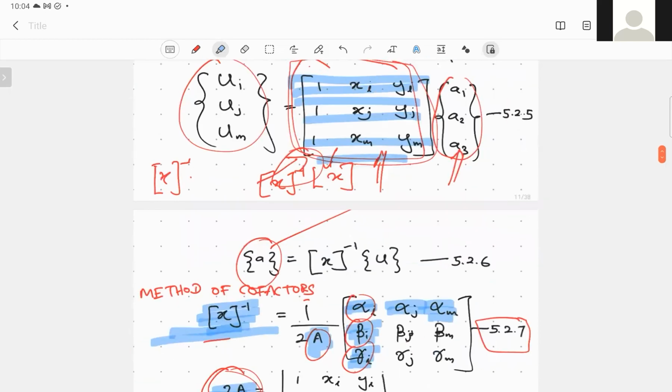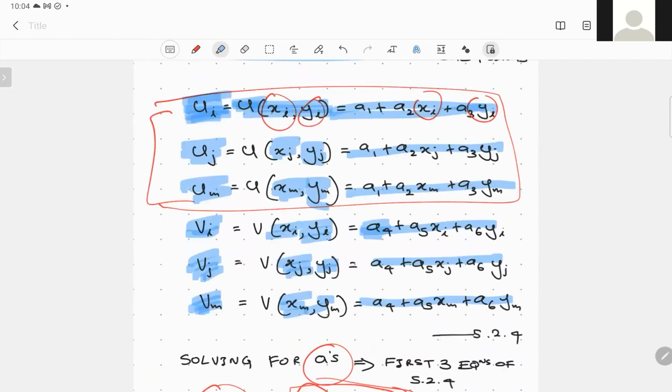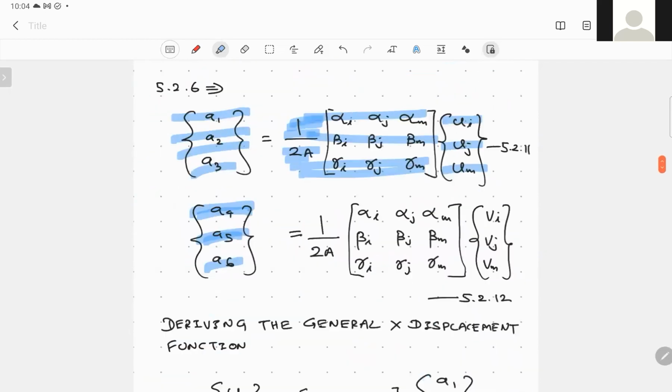You have to follow the same procedure. a4, a5, and a6 can be obtained using the determinant of the X matrix, from which you will be able to find the area, and this part comes from the X inverse matrix, and the corresponding parts here, which define the displacement in the y direction for the three nodes, are given.